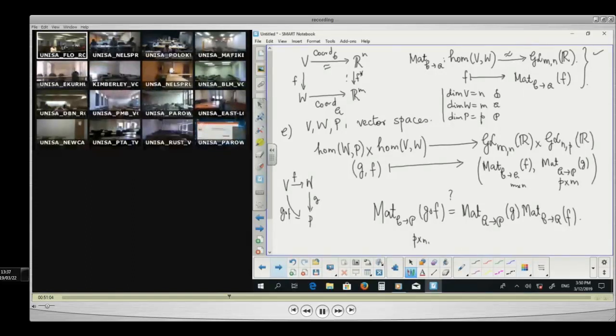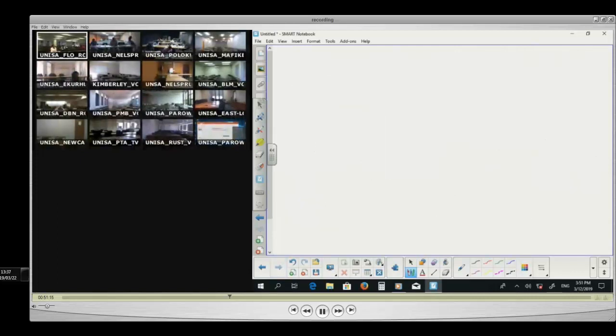Okay, how do you check this? So I'll just give a hint. So matrix from B to P, G composed F, what should it be?